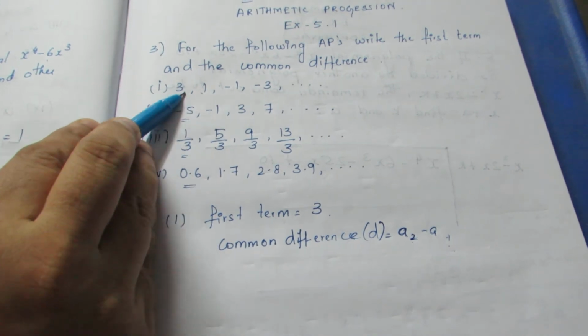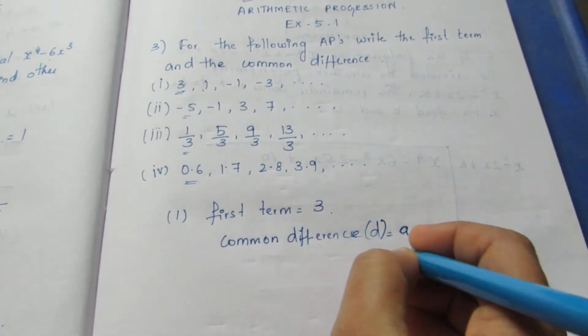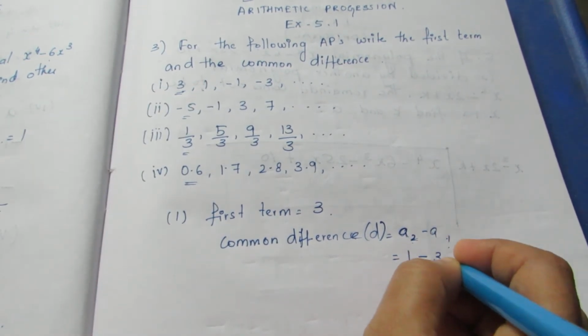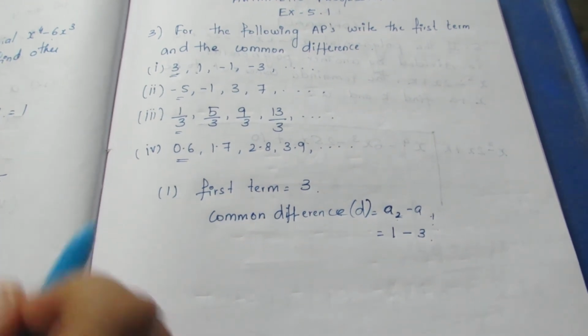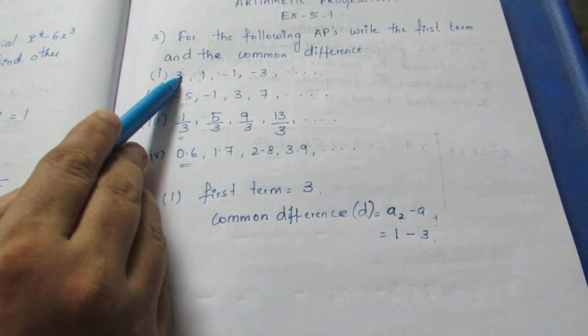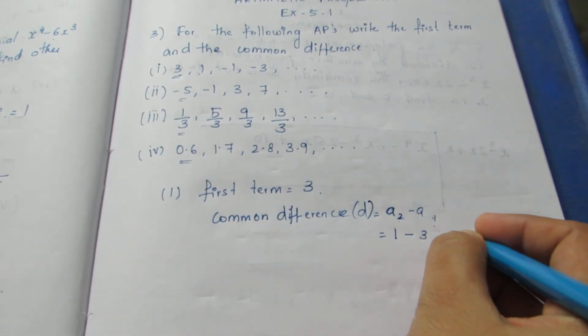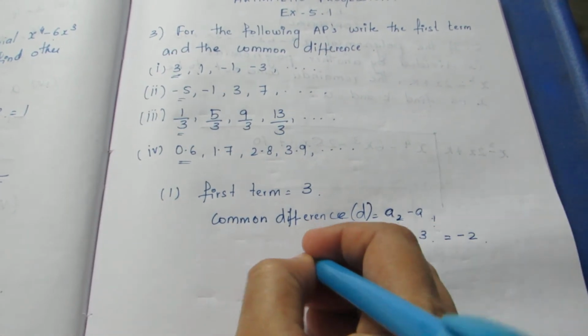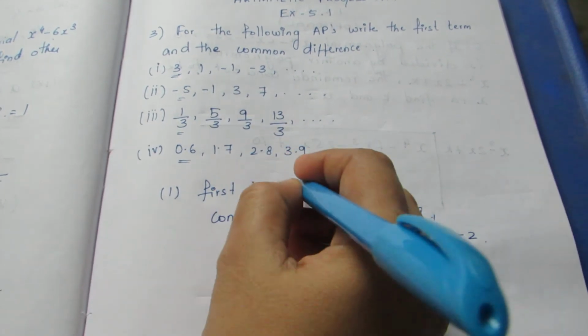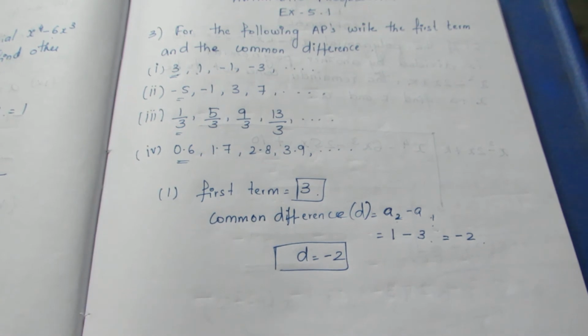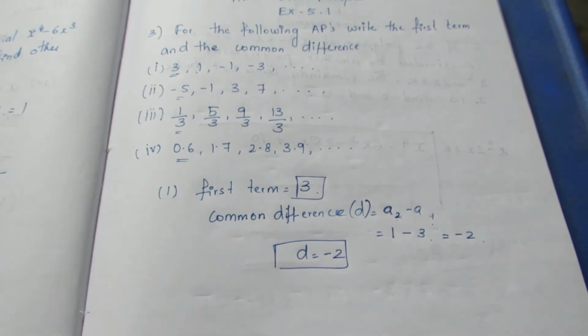So second term minus the first term. That is nothing but 1 minus 3. Be careful with the sign. Usually people go wrong with the signs. So 1 minus 3, second one minus first one, that is nothing but minus 2. So the common difference D is equal to minus 2. This is the answer for the first sum. We'll move on to the second one.